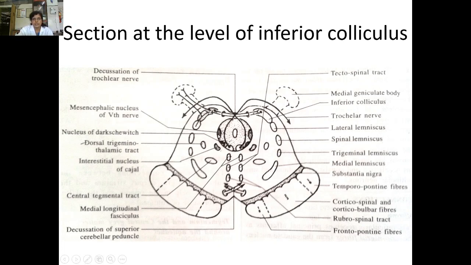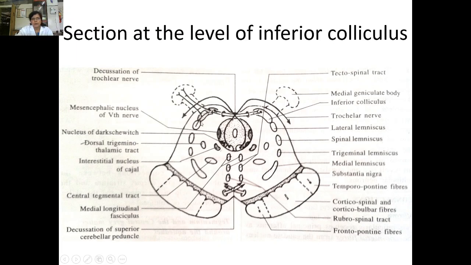Peripheral processes of these neurons enter the trigeminal nerve and carry proprioceptive sensations from the periphery, that is from the muscles of mastication, muscles of the face and extraocular muscles, to the mesencephalic nucleus of the fifth nerve. So this is about the tegmental part.